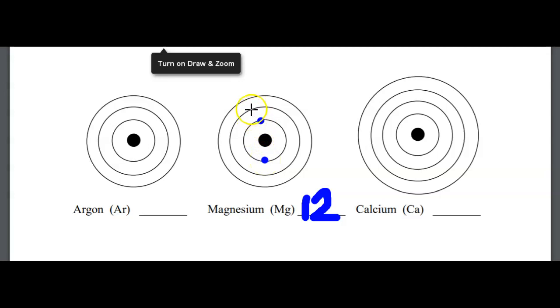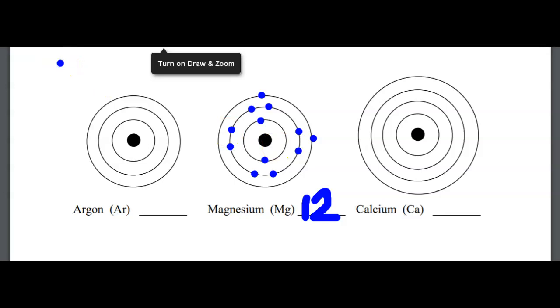In that second shell, we can hold 8. So I will quickly add those. Again, notice the pattern that I do it in. This isn't required, but I promise you it will make your life a little bit easier when you're trying to figure out how many you have. So now I have a total of 10, which means I need 1, 2 more in that final shell.